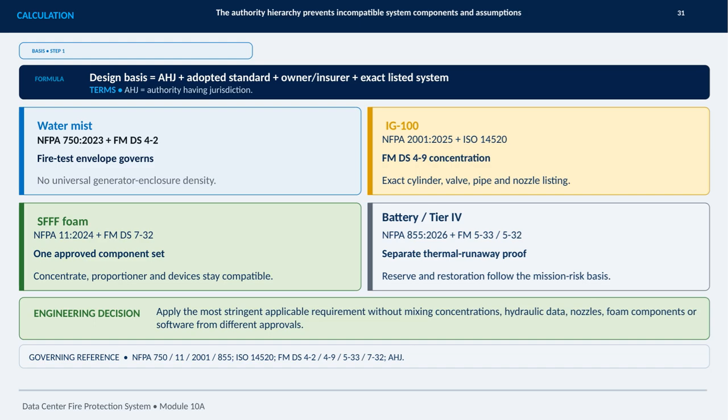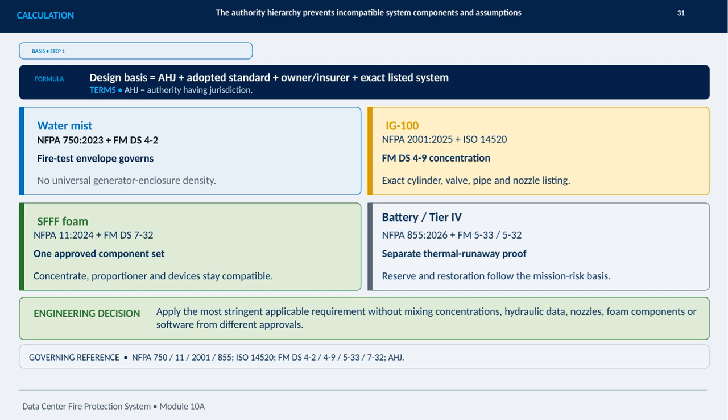For IG-100, NFPA 2001, ISO 14520, and the applicable FM concentration basis must be used with the exact listed cylinders, valves, piping, and nozzles. SFFF foam requires a compatible, approved set of concentrate, proportioner, and devices. Battery and Tier 4 applications add separate thermal runaway evidence, with reserve and restoration tied to mission risk.